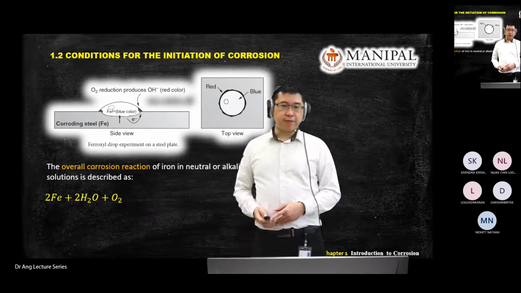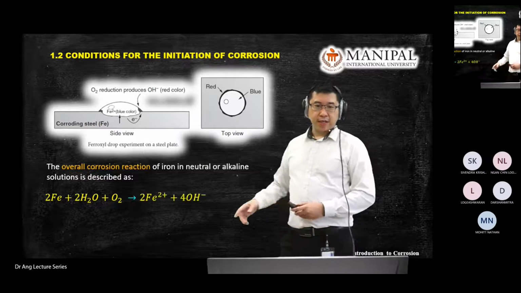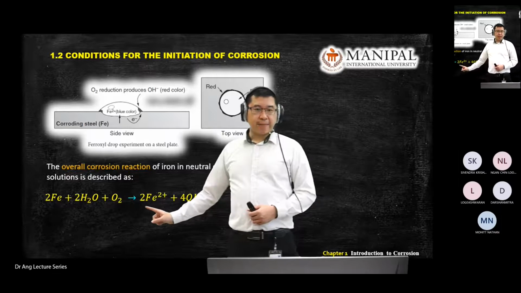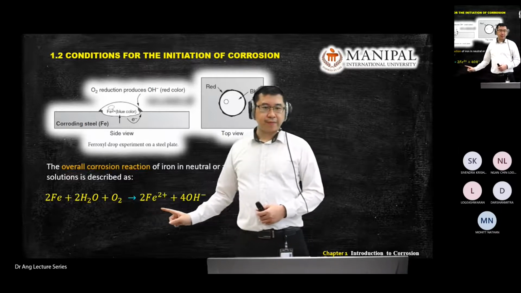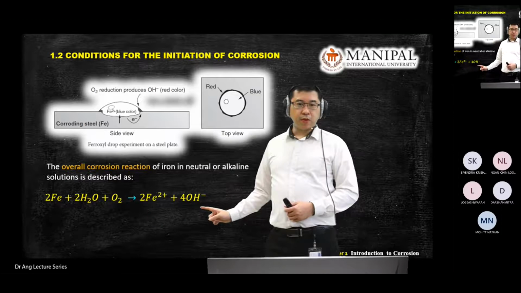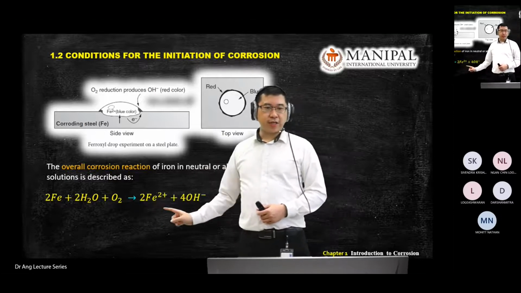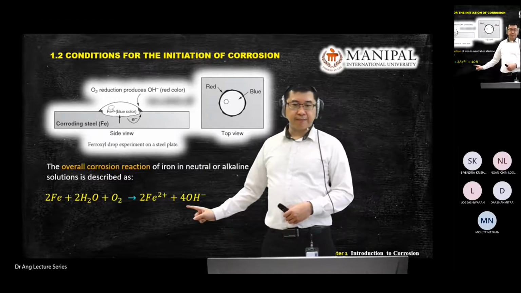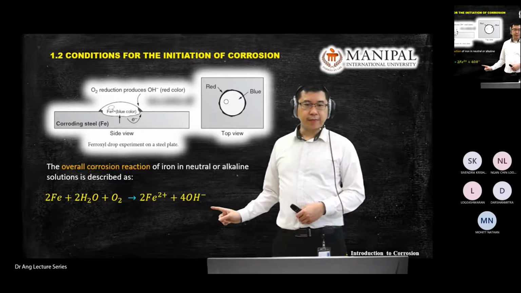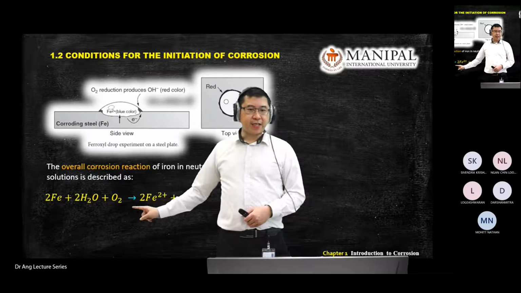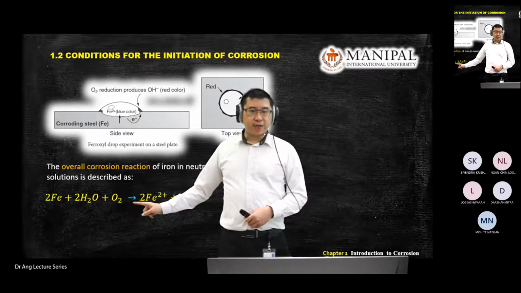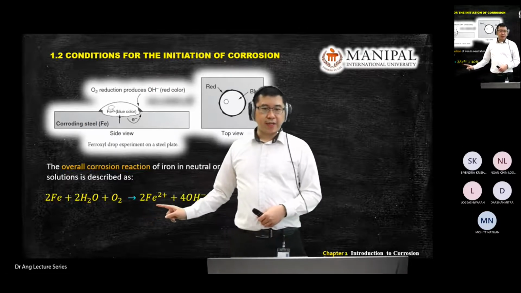So in the corrosion process, metal will become ion. Water and oxygen will break into OH negative ion state. On the left hand side, this will be the initial process: you need the iron, water and oxygen.